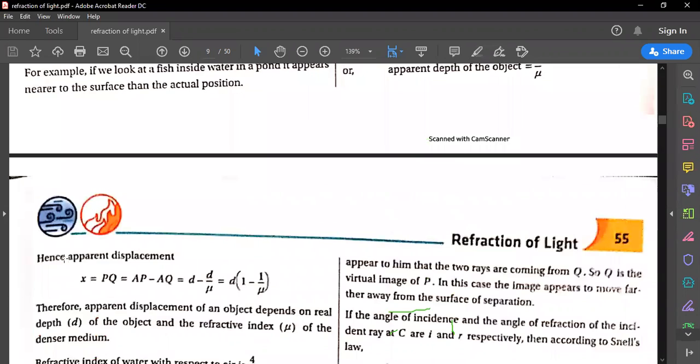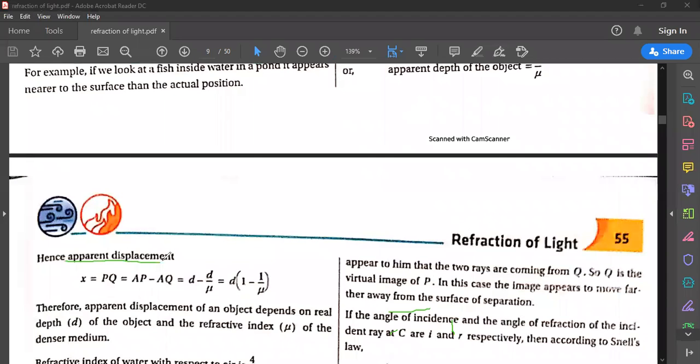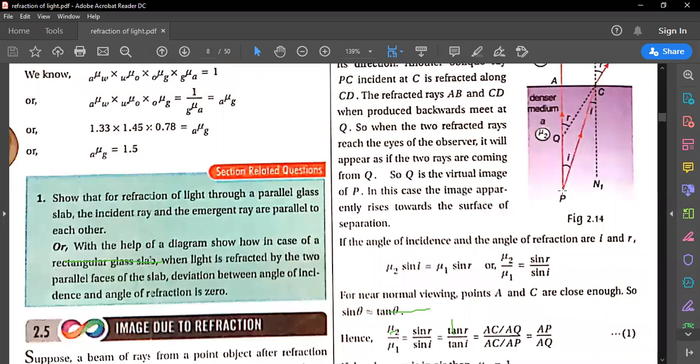So what is the apparent displacement? Apparent displacement was PQ. If you go back to the diagram, you can see this is the apparent displacement. The object was here, and you get the image here.